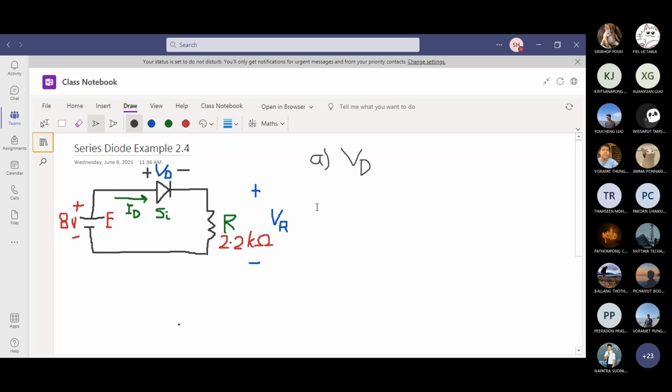For Michelle, you will do part B that I'm drawing. You tell me what is the VR. And part C will be for Field. Field is here. Yes, sir. Find ID or IR, whatever the current is in the loop.